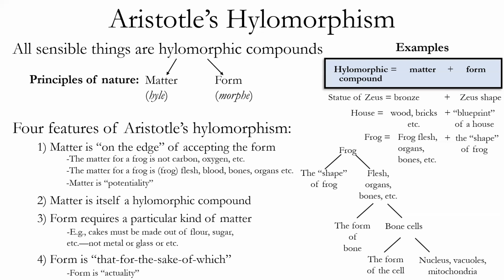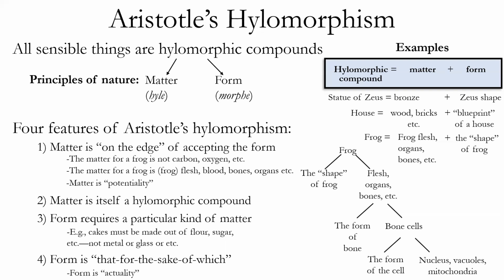And so what does the builder do? The builder does what the builder does to these materials in order to produce the form of house in those materials. The builder, that for the sake of which they are doing what they are doing, is the realization of the form.